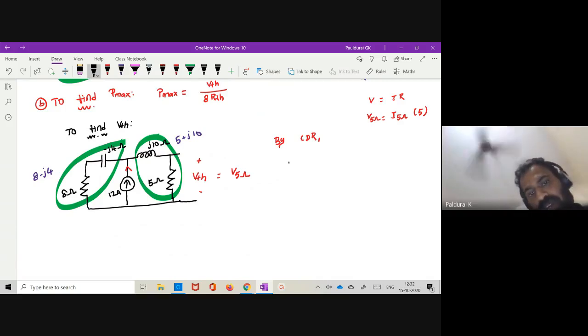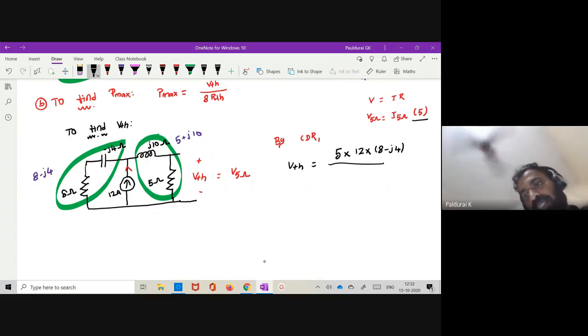What is my VTH? This is 5 times my applied current, which is 12 into the opposite resistance. Who is the opposite resistance? 8 minus J4, divided by the total resistance, 8 minus J4 plus 5 plus J10.